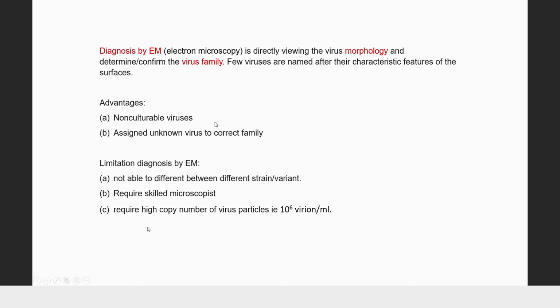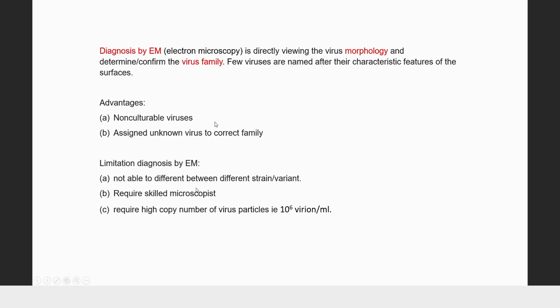Okay, what's the advantage of EM? The advantage is that, as I mentioned just now, you can only see the morphology, but you won't know whether they are different variants, what the strain is, or whether it is a recombination, because it's just morphology. And the person examining the EM has to be a specialized, skilled person who has gone through a lot of training to operate the machine.